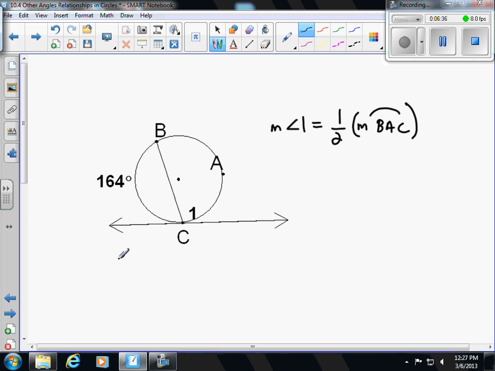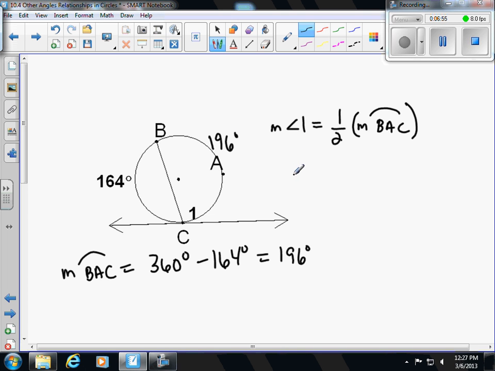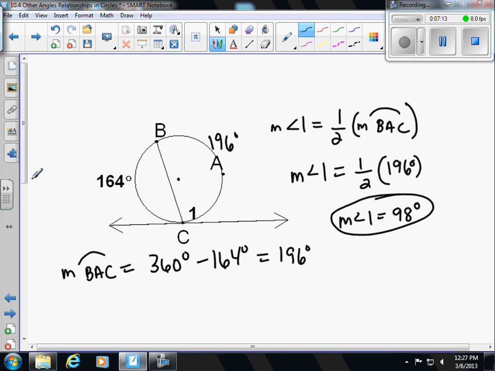Since arc BC is 164, we would find the measure of arc BAC by saying 360 minus 164, which gives us 196 degrees. So that's the measure of arc BAC. So now we can just plug it into our formula. So we have the measure of angle 1 is equal to 1/2 times 196 degrees. So the measure of angle 1 is equal to 98 degrees.